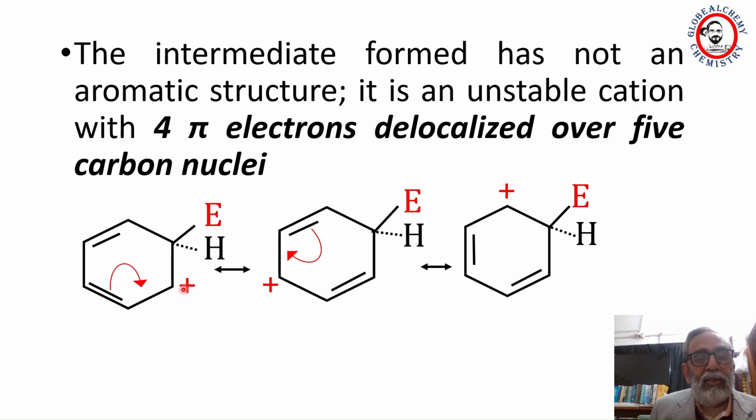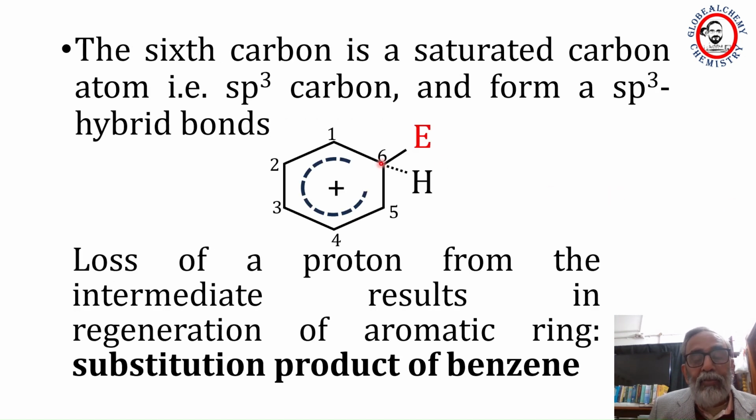This positive charge is delocalized over 5 carbon atoms. The sixth carbon is a saturated carbon atom, that is sp3 carbon. These are all sp2 carbons and this forms sp3 hybrid bonds.